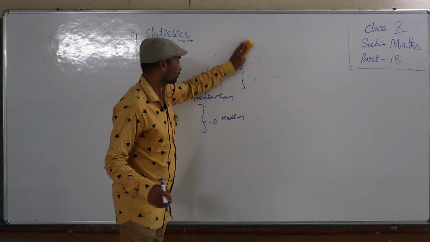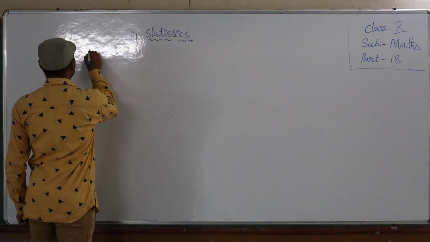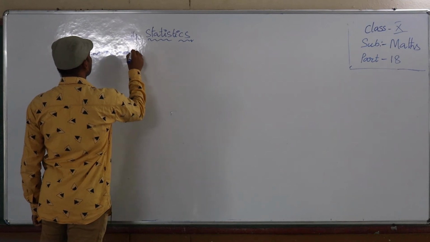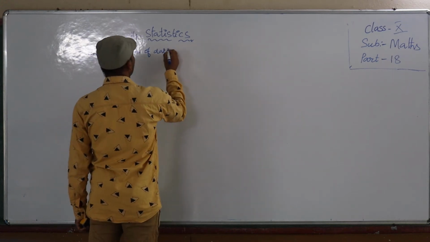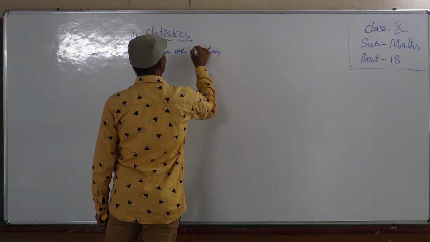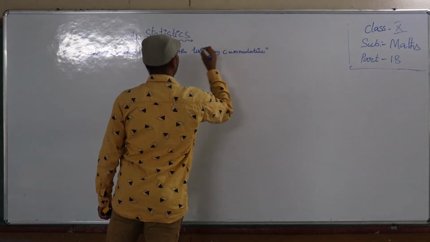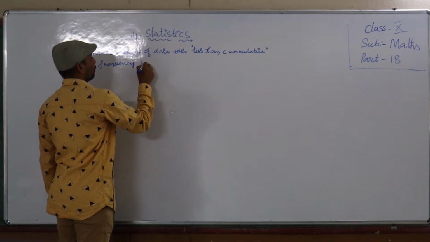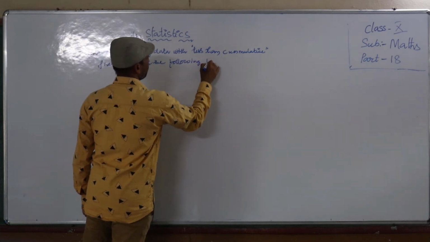Find the median of data with less than cumulative frequency for the following table.